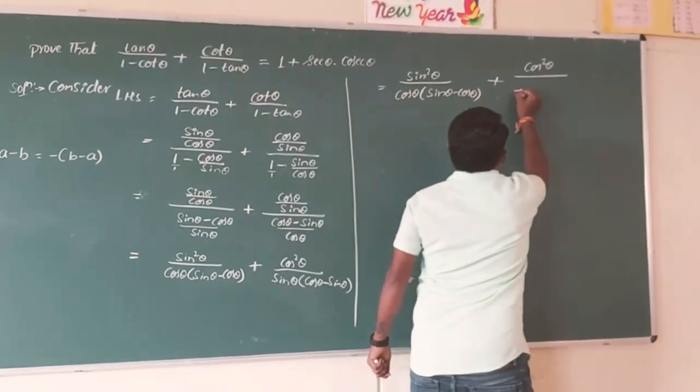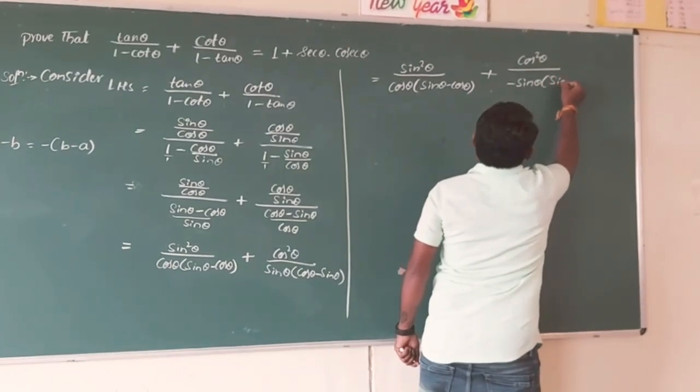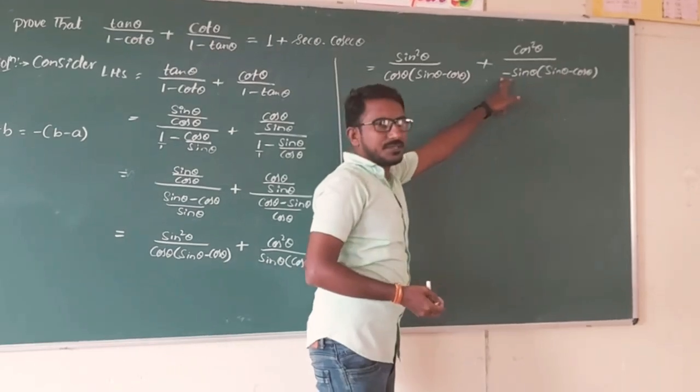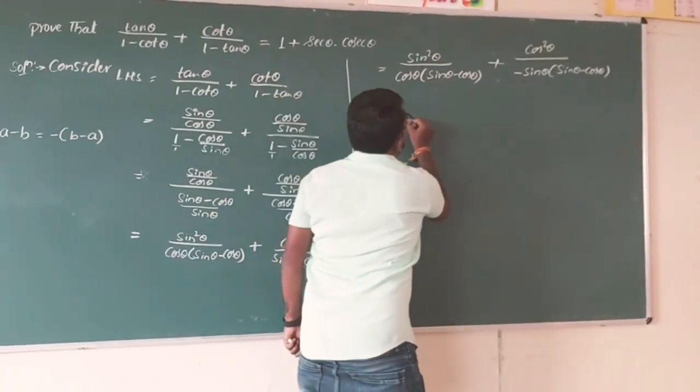So it becomes minus sin theta into sin theta minus cos theta. Here plus divided by minus, so in the next step I can write it as minus. So now I will take the LCM.